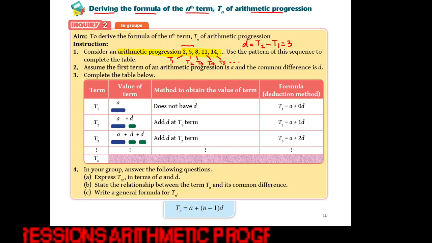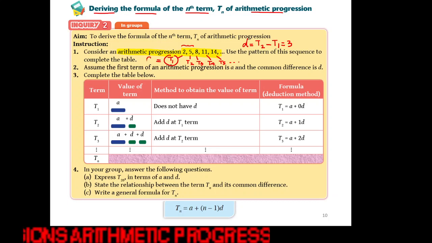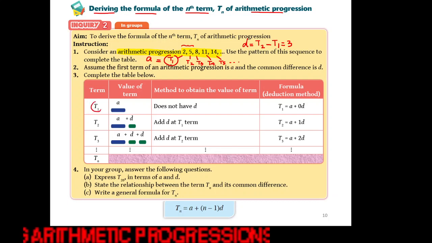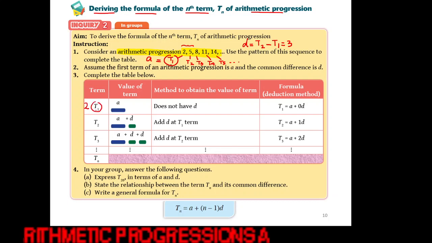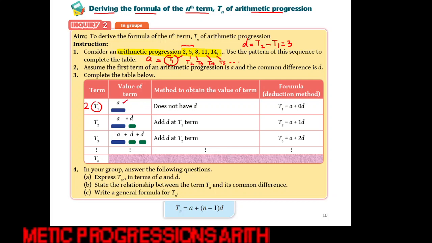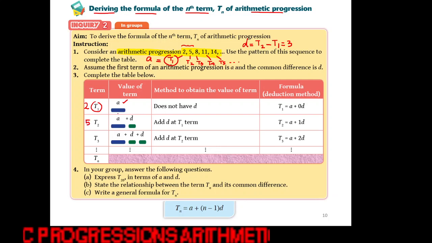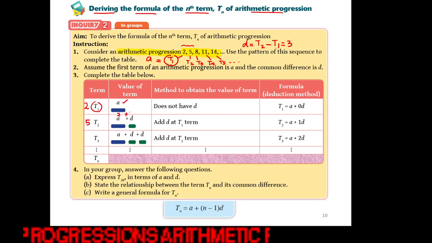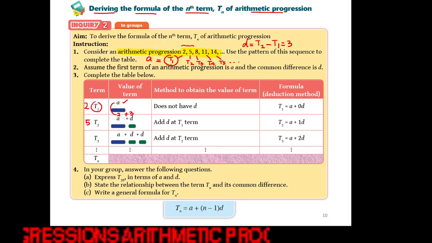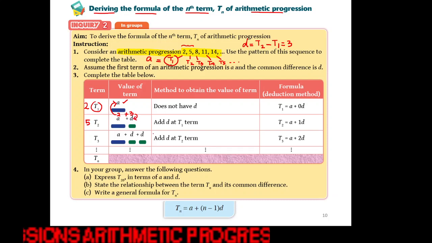In an arithmetic progression, the first term is also known as A. So let us check. The first term here, T1, is equal to 2, whereby this 2 is actually the A. The second term here is 5. So 5 is actually 2 plus 3, whereby the 2 is the value of the first term, and the 3 is the value of the common difference.